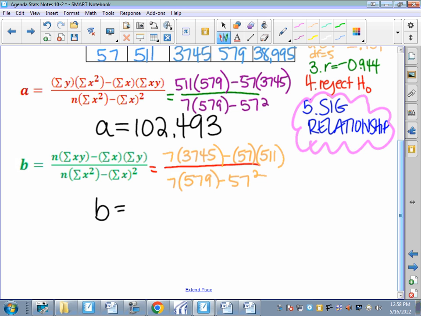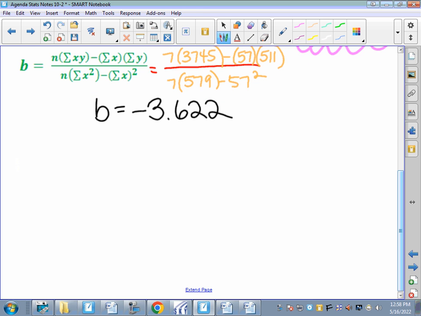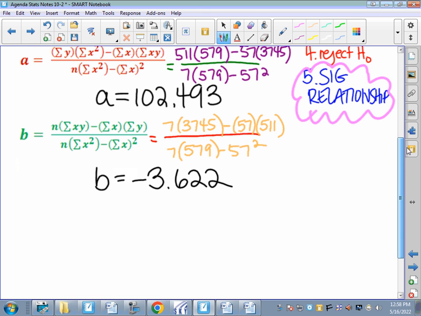I got a negative 3.622. Now remember how we said our r value of negative 0.944 and our scatter plot both suggest a negative relationship, right? So my slope is actually negative 3.622.